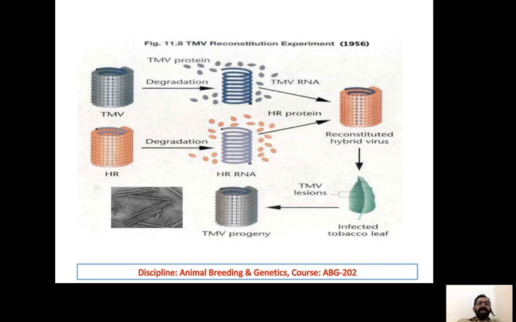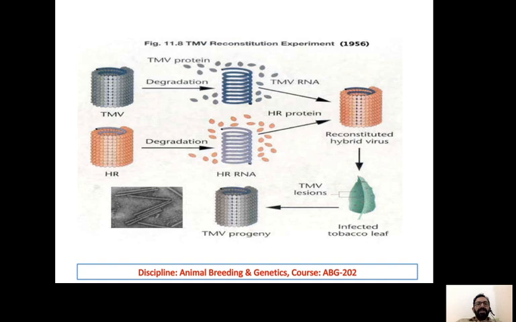Whether the RNA is a genetic material or not, studies were also conducted for that, just like the DNA. There are two viruses, TMV, that is tobacco mosaic virus, and HR virus. And what did they do? They degraded the TMV protein.